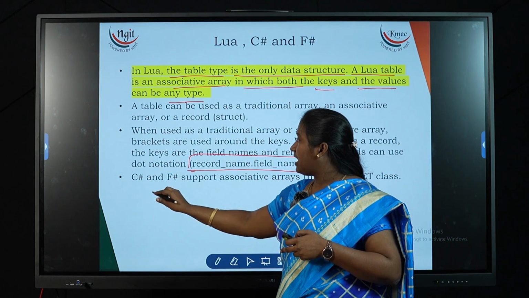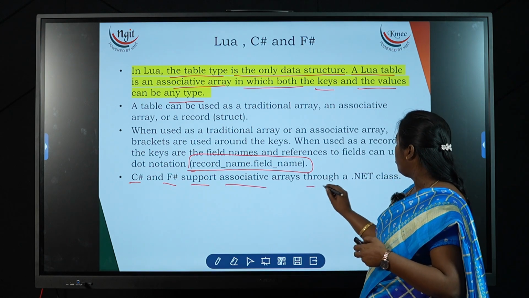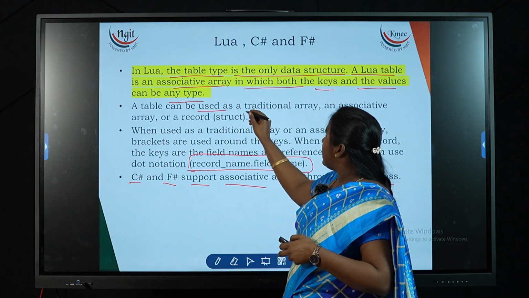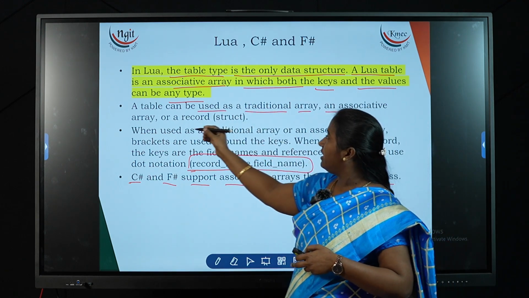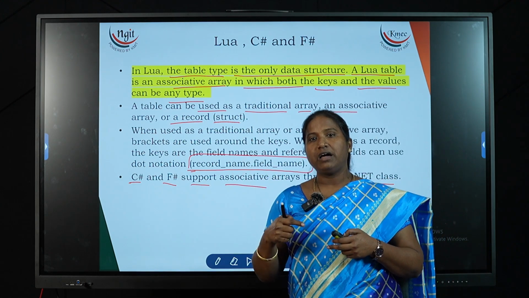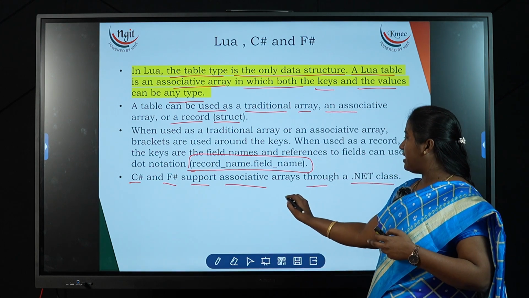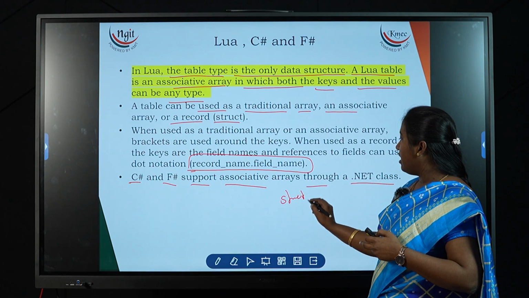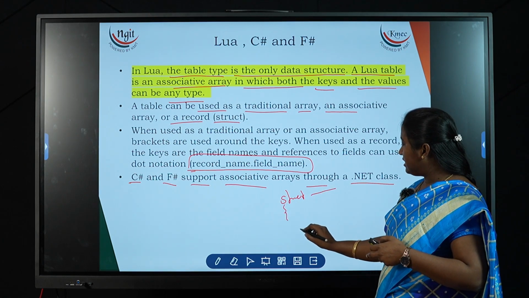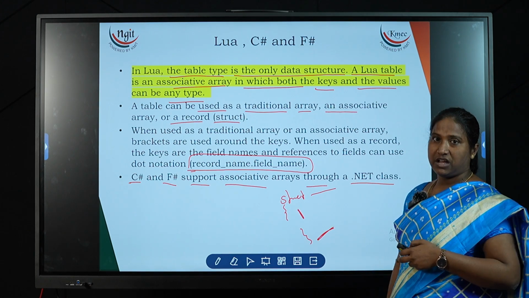And among the other programming languages, C# and F# support associative arrays through .NET classes. A table can be used as a traditional array, an associative array, or a record structure. So the table of Lua is similar to the structures of the C-based language. In C-based languages we use a structure to define things, right? We write some structure name, write some members of the structure, and write some variable of the structure.